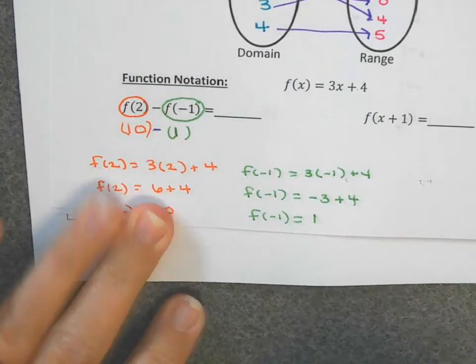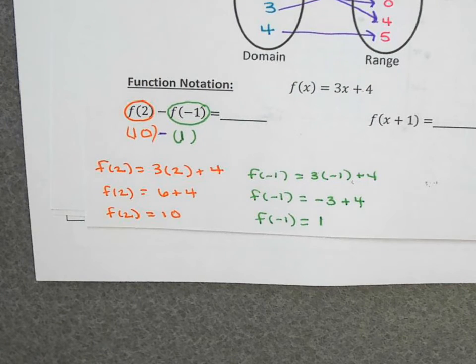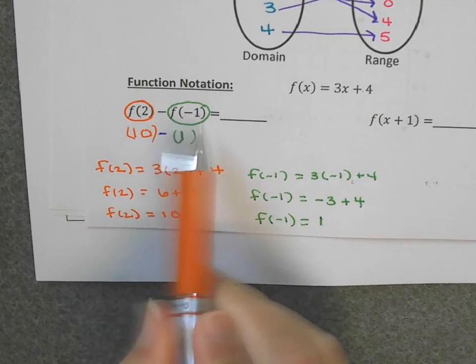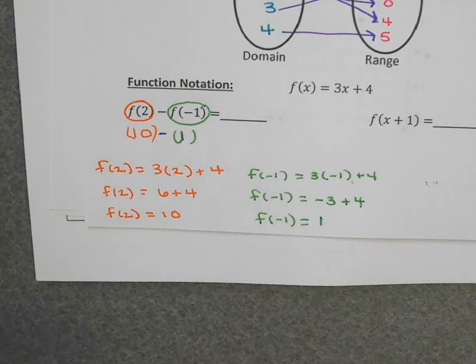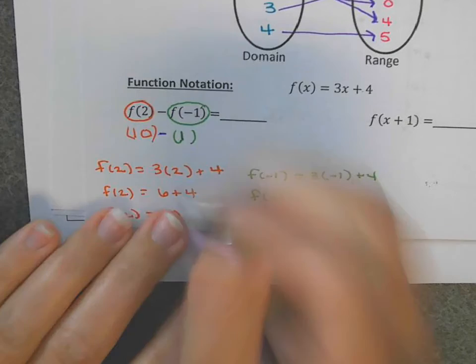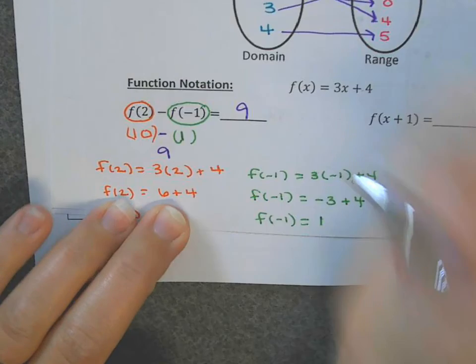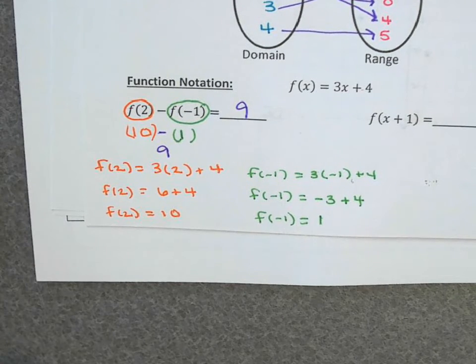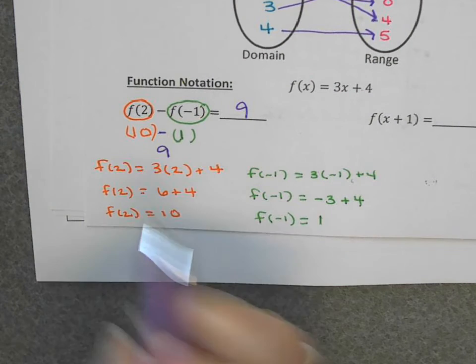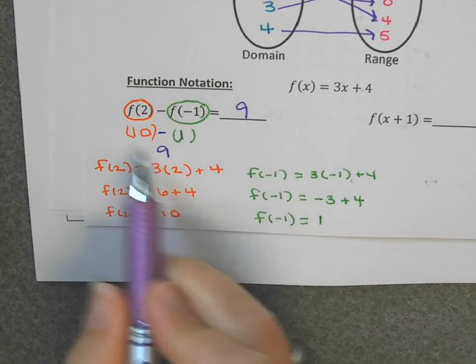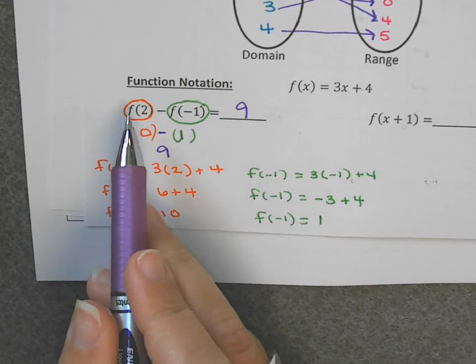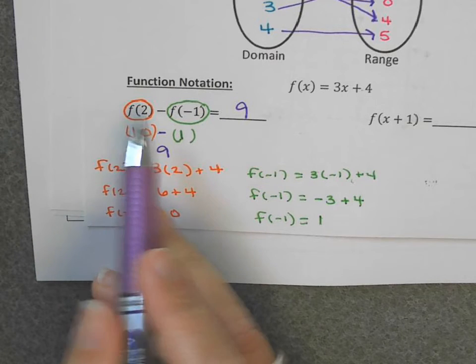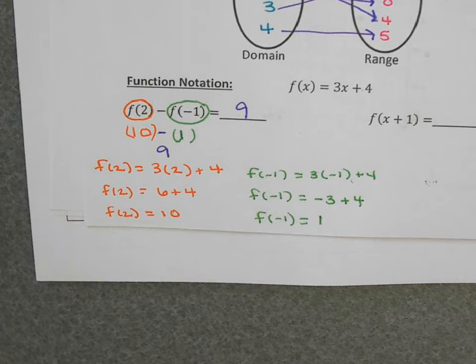I should probably put those in parentheses. So what this is actually asking is, what's 10 minus 1? Well, that's not all that difficult. That's just 9. So this might be new to you, but you should have already done in the past what is f of 2 and you'd have to solve something like that.